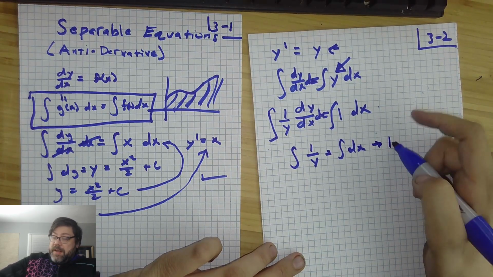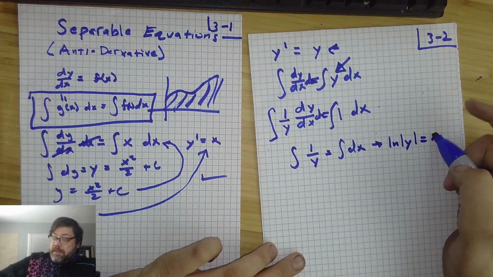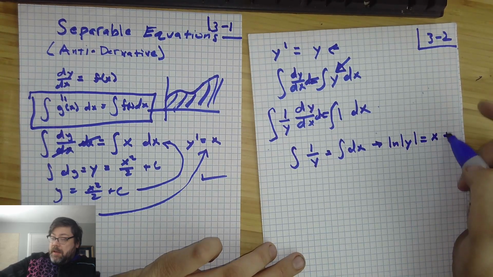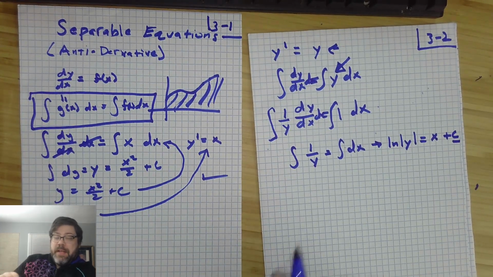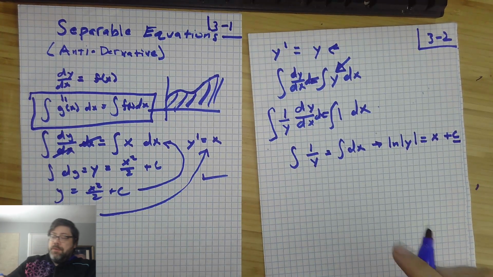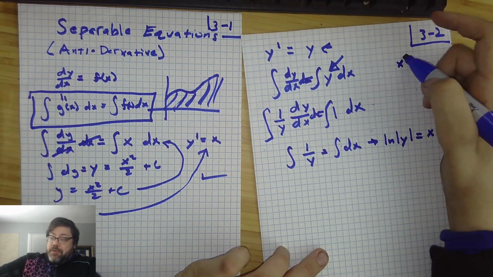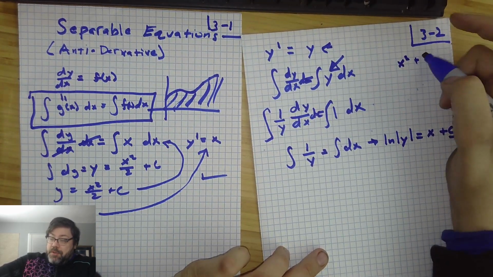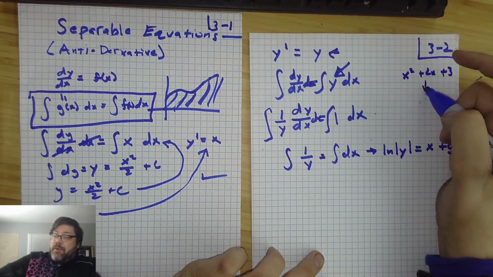This just is the natural log of y equals x, right? Don't forget, we need this constant here. Remember, derivatives and integrals undo one another, that's true, but in the process of doing and undoing it, you lose information, right? Because if you have something like x squared plus 2x plus 3, what happens when I take the derivative?